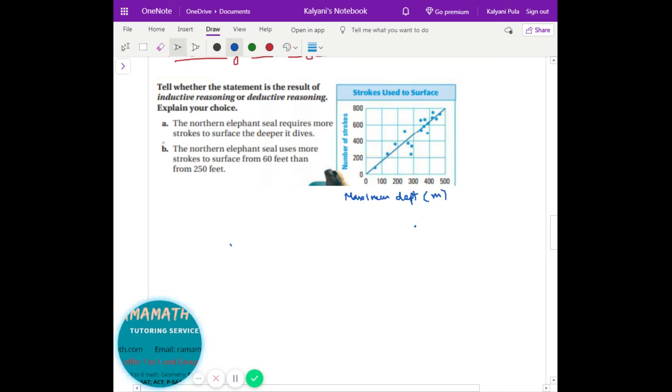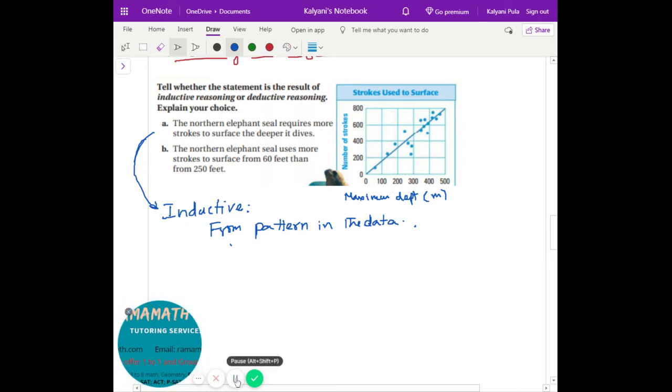So this is inductive reasoning, because we are bringing the conclusion from the pattern in the data. Collecting data, we draw the conclusion from it. So that's inductive reasoning.